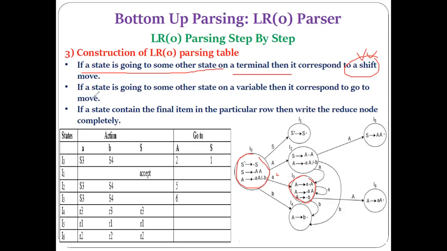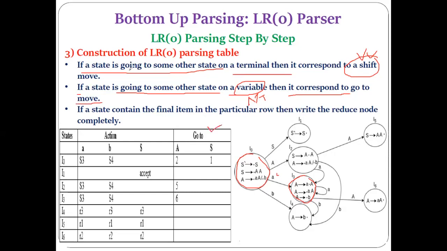Keep in mind, if a particular state is going to some other state on a non-terminal, then you have to make the entry in the go to column.